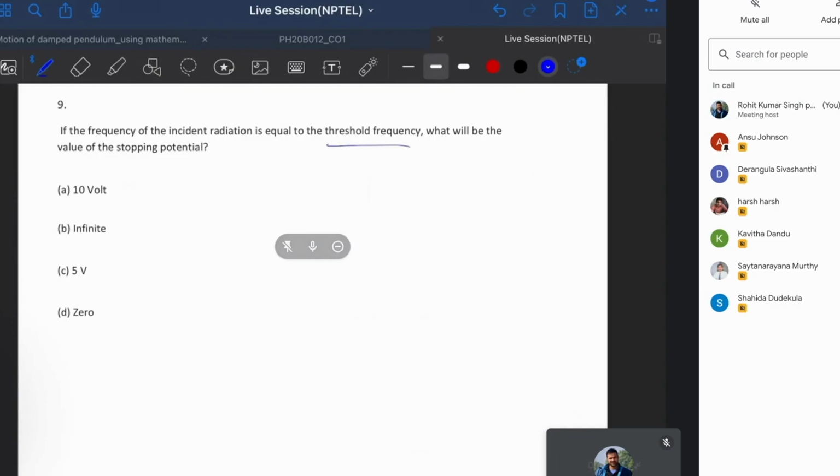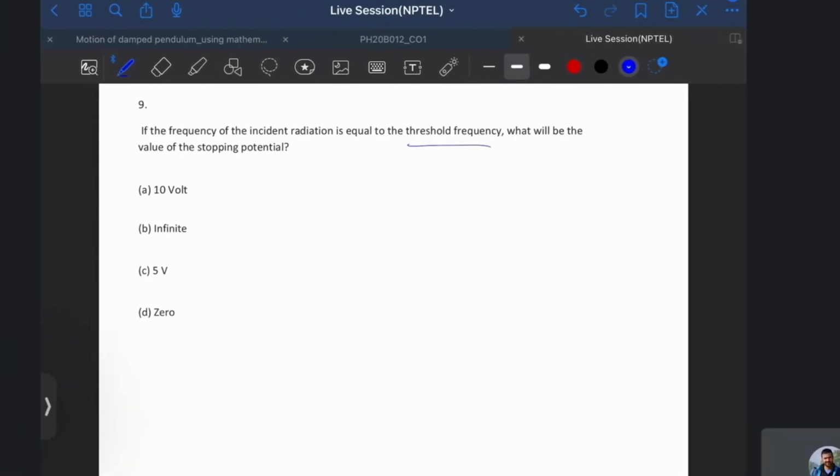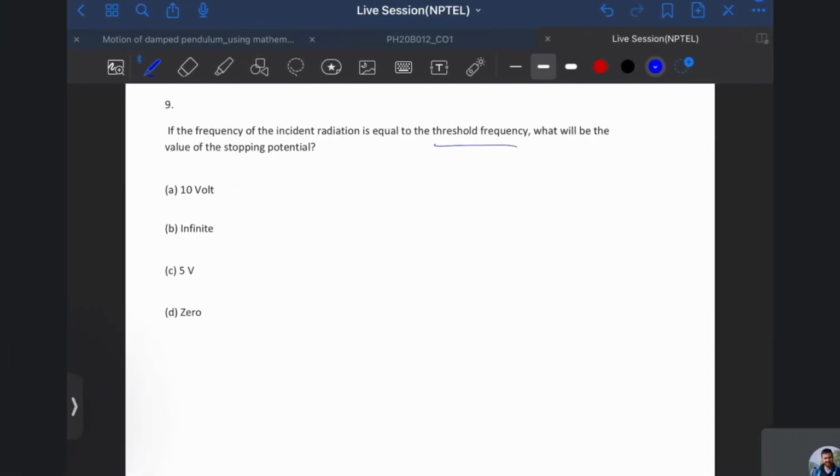So what is given here is the frequency of the incident radiation, nu, is equal to the threshold frequency, that is the minimum frequency needed to take out the electron from the metal. Then what will be the value of stopping potential?